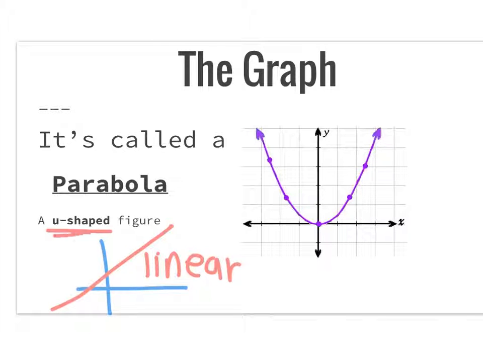We call it a parabola. It looks like a U. It's not a line. Even though this part kind of looks like a line, it's a curve. It's a very smooth curve, continuous everywhere. But yes, it's U-shaped.